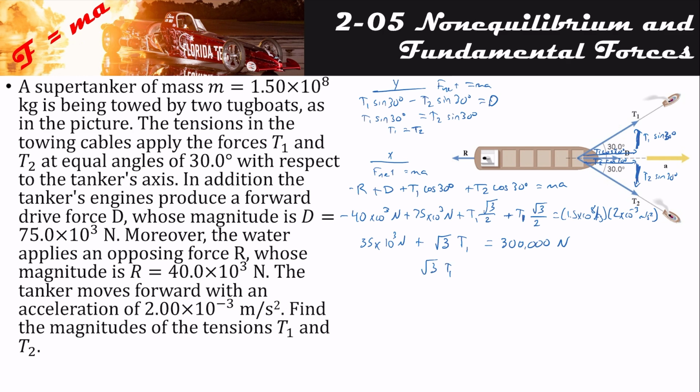Subtract the 35 times 10 to the 3rd, and we get 265,000 newtons. Then divide by the square root of 3, and I get T1 to be 153,000 newtons. And T1 and T2 are the same, so T2 would also be 153,000 newtons.